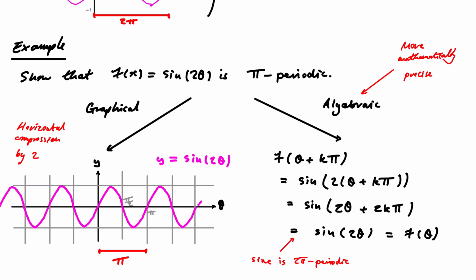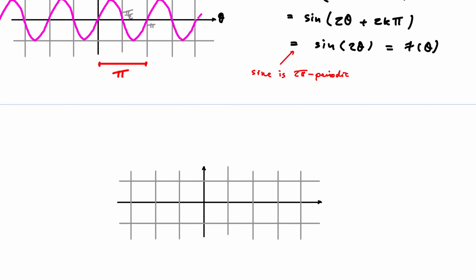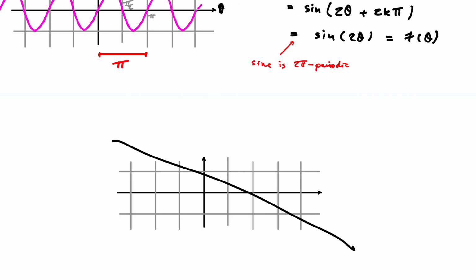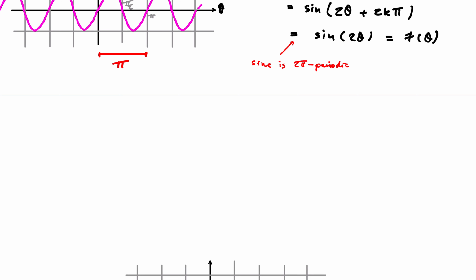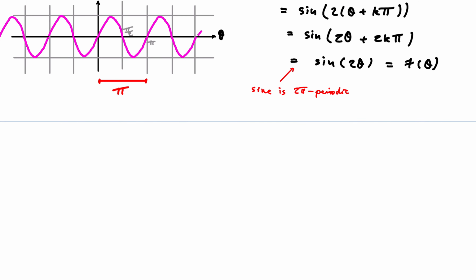So finally, just a useful fact, one that you might want to check yourself. This is part of a more general story about how certain transformations affect periodicity. So here's a useful fact.